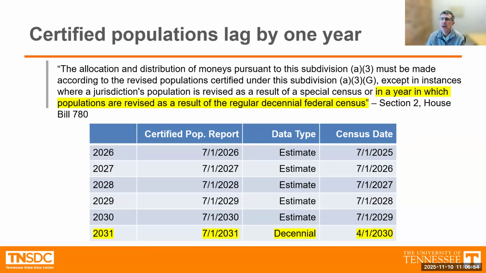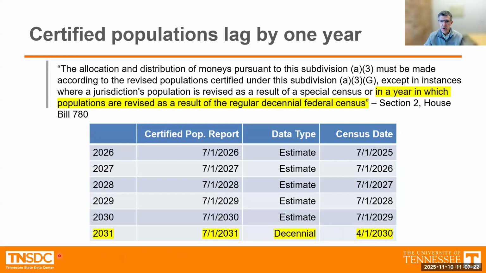The next thing I want to let you know about is what year the population estimates will represent. The way to best explain this is to start by going forward to 2031, the start of the next decade. The legislation says that we'll use population estimates, but in a year when there is a decennial census, we're going to use those.